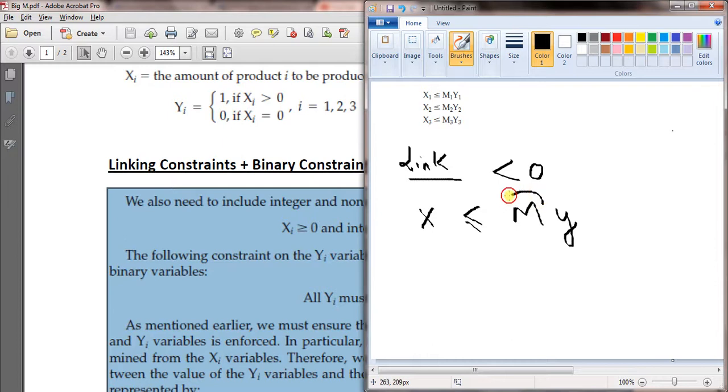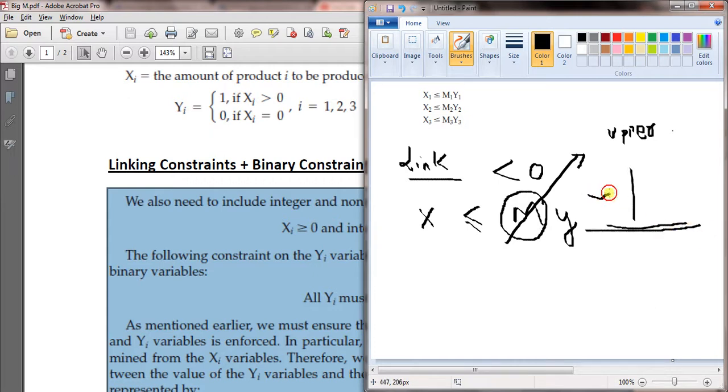Now this M is nothing but a very large value. This represents the upper bound of x. If this is a graph, x can be like this, then this is M.